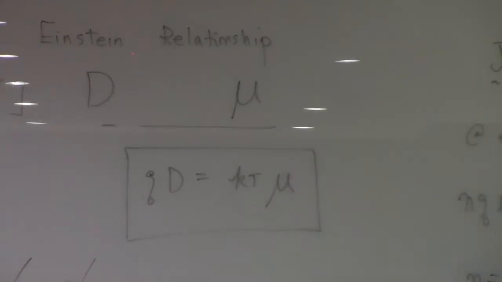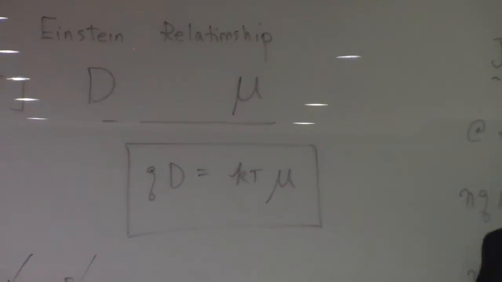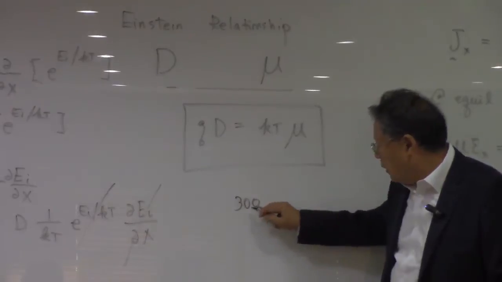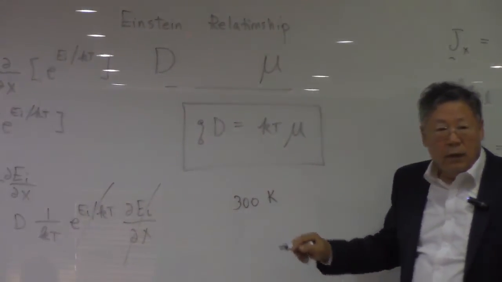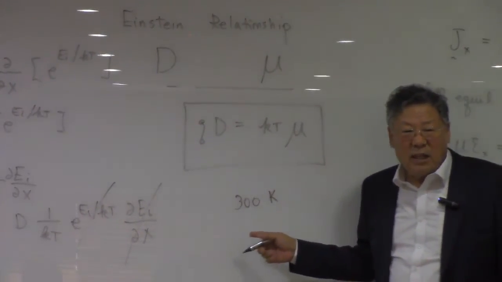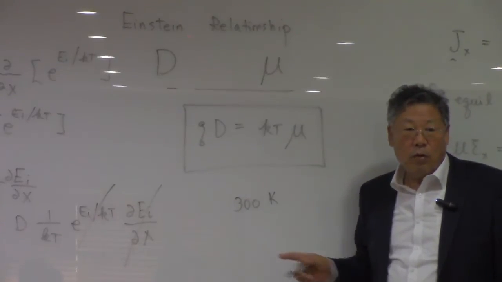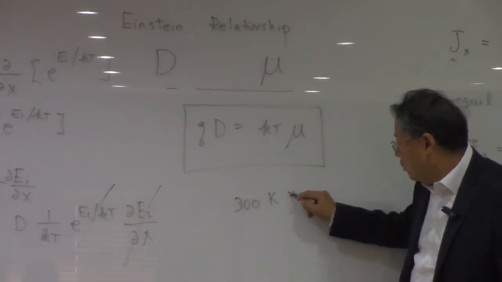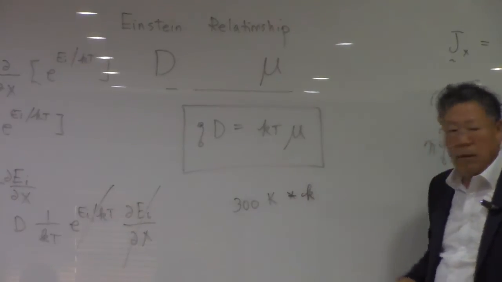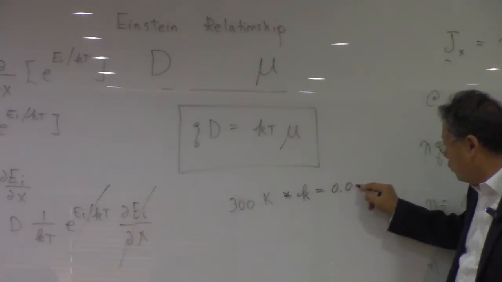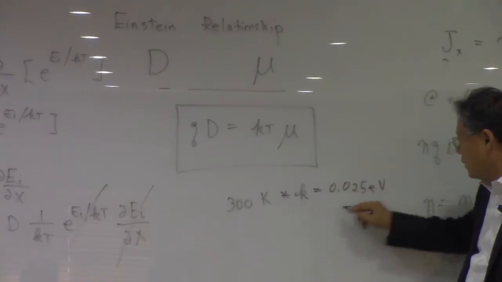Boltzmann is an amazing constant. If you have a temperature like, what is the room temperature in terms of the absolute temperature? 300 K, right? And if you want to know what energy corresponds to it, all you have to do is just multiply this with k, the Boltzmann constant. Then you end up with 0.025 electron volts.